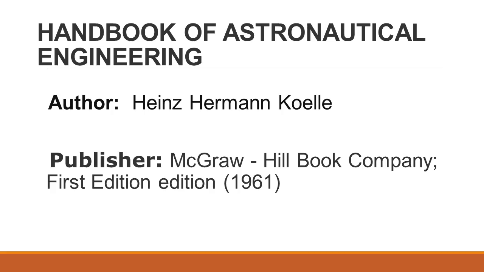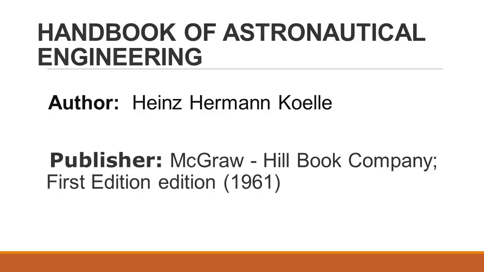Handbook of Astronautical Engineering by Heinz Hermann Kohl. This historical reference book is a complete source of information about everything related to aerospace engineering or rocket science. Though it does not contain the information about modern technology like avionics and computer science, for example, it is still filled with information about the things that shall never change, the logistics, physics, and chemistry that is involved in rocket science.